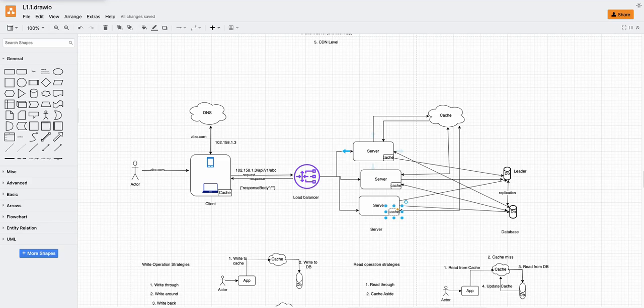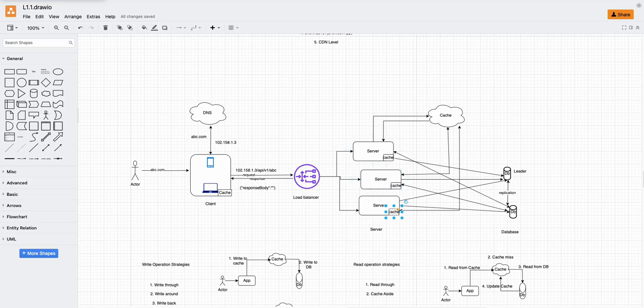Whenever a new request comes, it fetches from the cache and sees that the token is expired. Then it fetches the new token and updates the cache. So this is one example of how you can manage the cache at the service level itself.